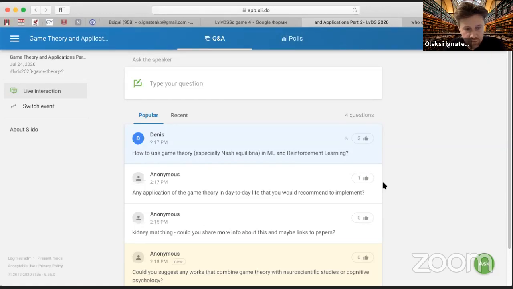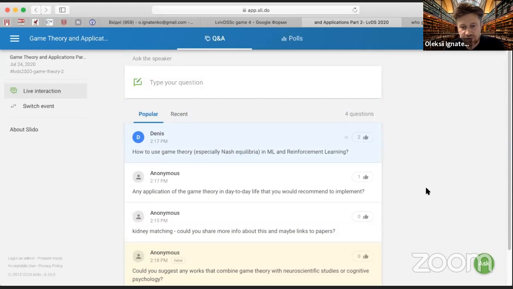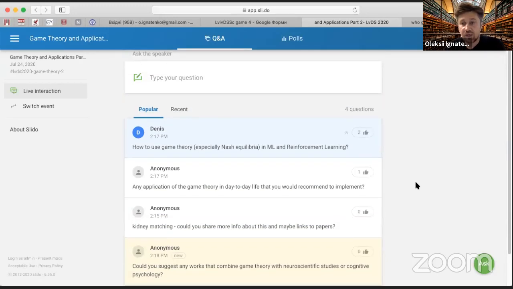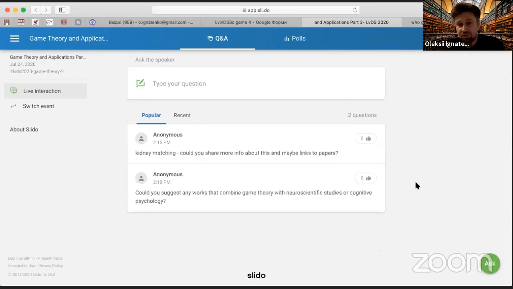Okay, can you suggest any work that combines game theory with neuroscientific studies and cognitive psychology? Colin Camerer, he is probably the father of behavioral game theory, or experimental game theory, as it's called.